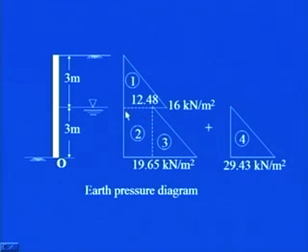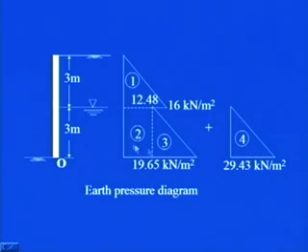The force due to area 2 will act at the center line because it is a rectangle, so it will be acting at 1.5 meters above this. Similarly, for the third one it will be acting 1 meter from the bottom of the wall, in this case also 1 meter from the bottom of the wall.